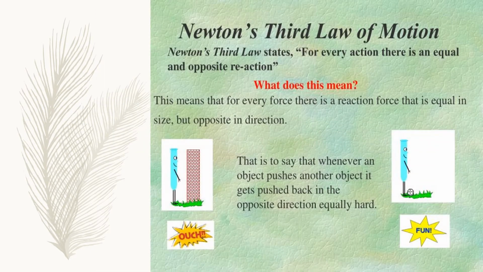The law explains that whenever one body exerts a force on another body, the second body exerts an equal and opposite force on the first body. So, we can say that for every action there is an equal and opposite reaction.